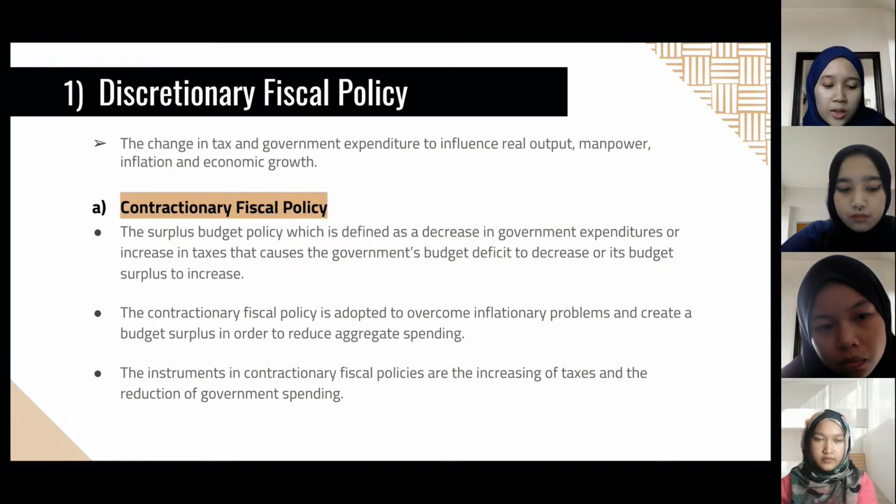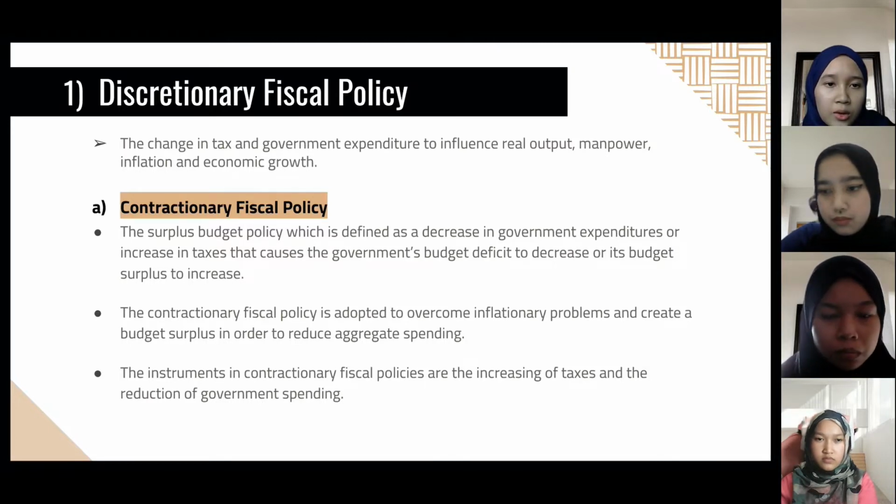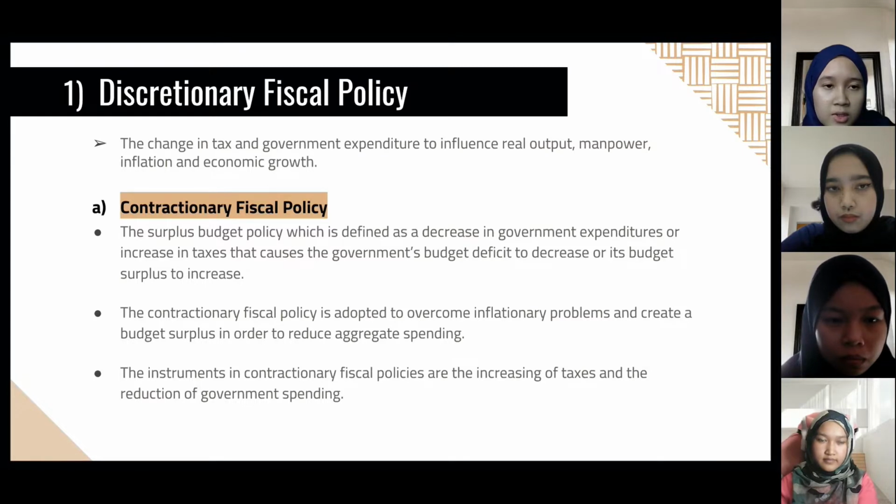First, we look at discretionary fiscal policy. Discretionary fiscal policy is the change in tax and government expenditures to influence real output, manpower, inflation, and economic growth. And now we look at contractionary fiscal policy.